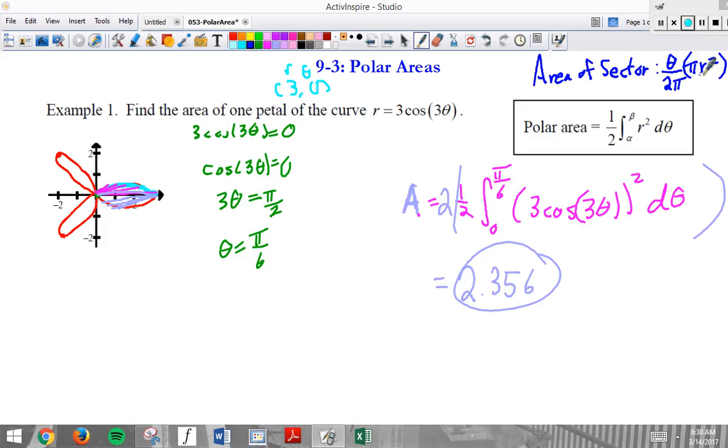Now the problem is the last time you saw this formula you used angles in degrees, so you may have said angle over 360, but with radians, this is one of the reasons we use radians, this formula becomes all the more pretty. So that's the area of a circular sector, so we're adding up infinitely thin circular sectors that have an angle, not a whole theta, but a d theta.